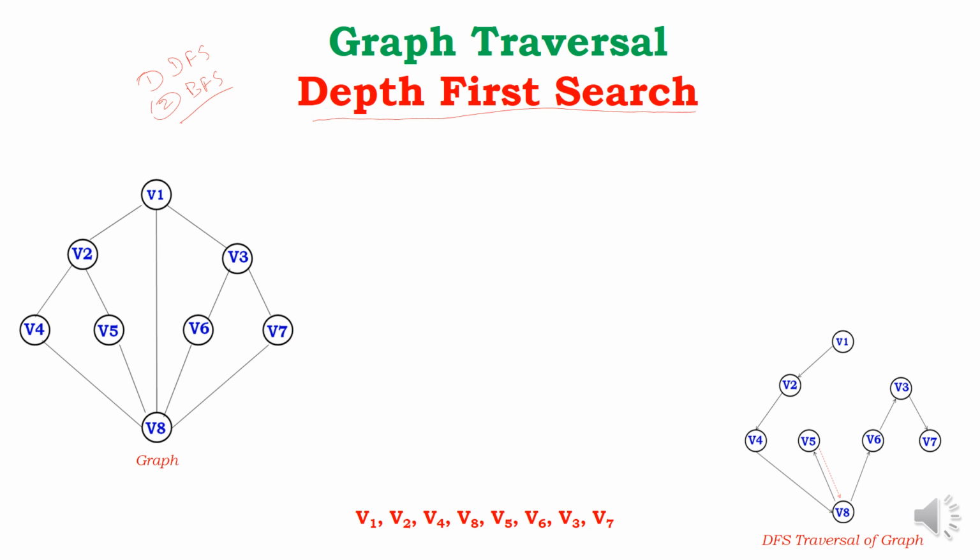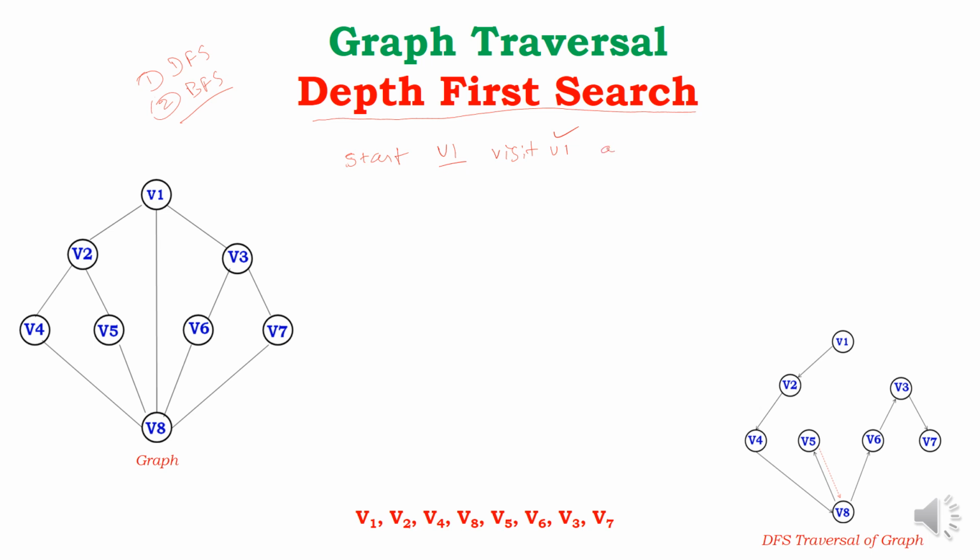Let us assume that we are starting at vertex V1. Visit V1. V1 is visited. Then we look at the adjacent vertices of V1.